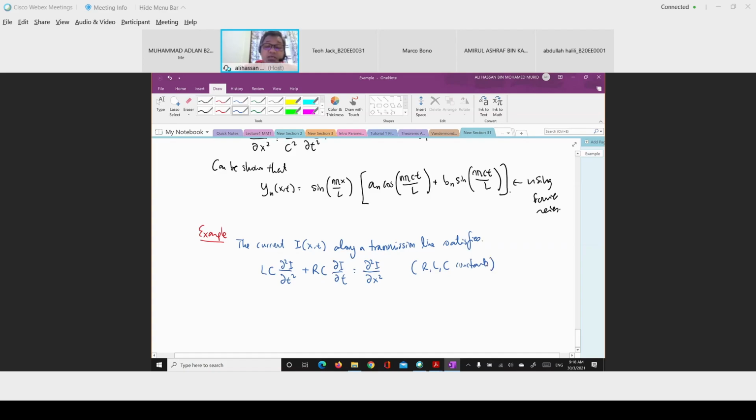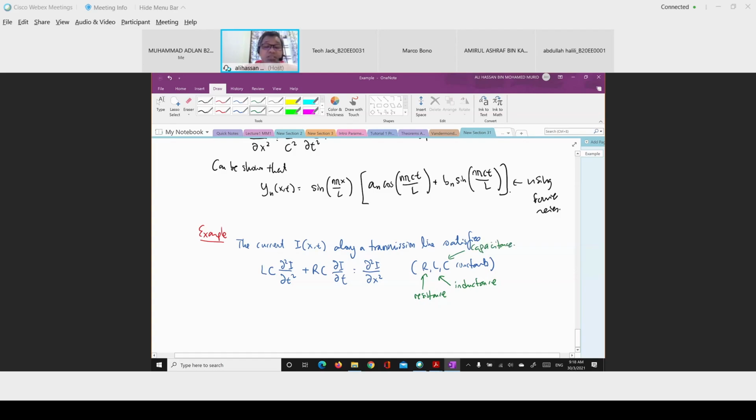What is R normally? Can somebody tell me? Resistance. R refers to resistance, right? What about L in electricity? Inductance. And what about C? Capacitance.